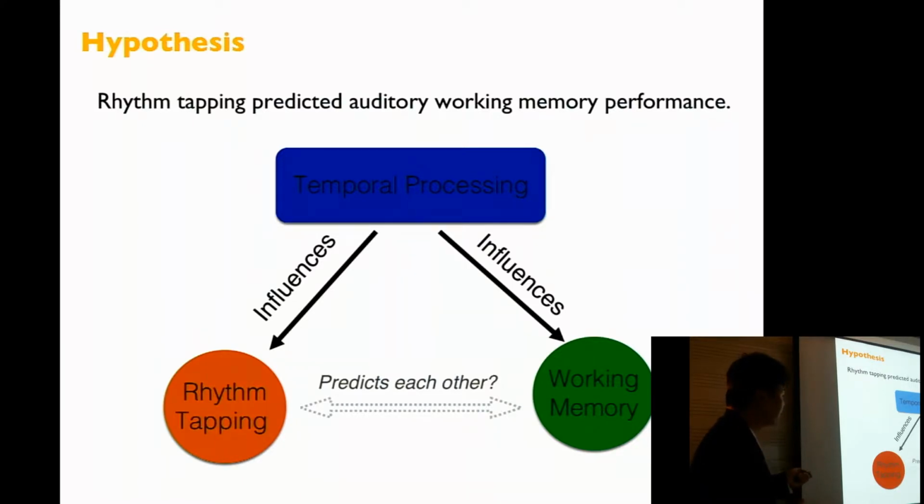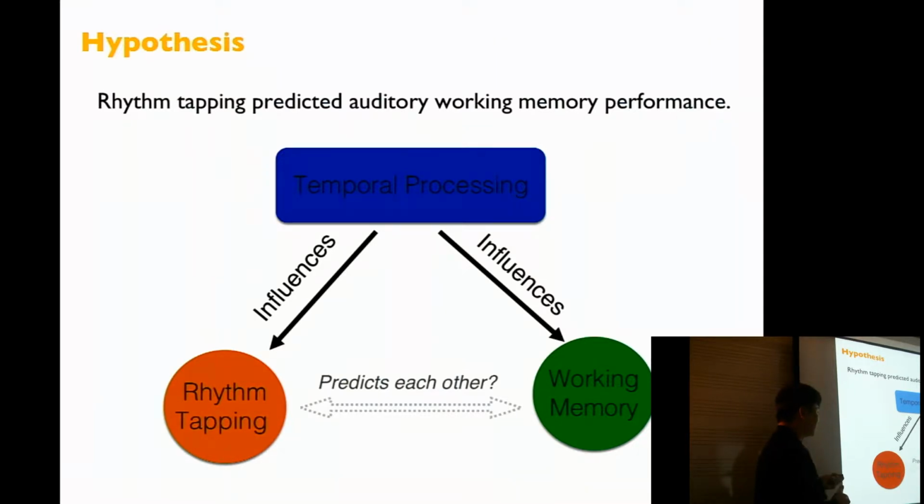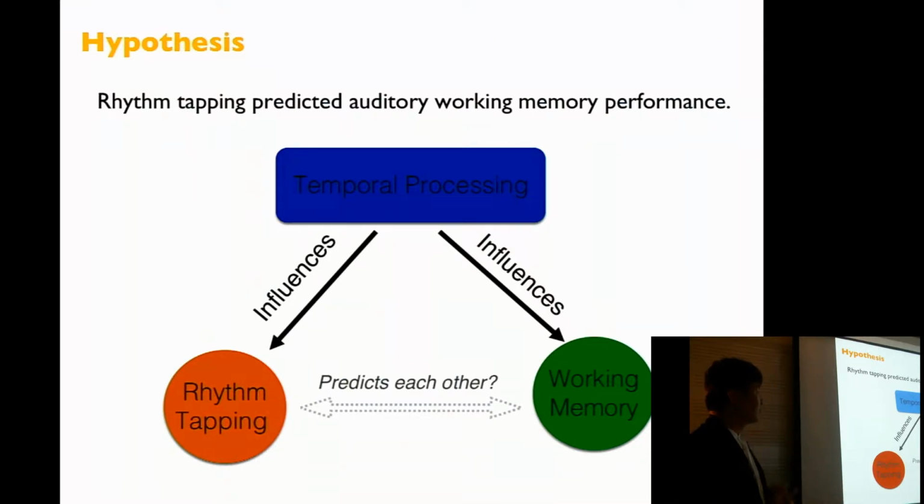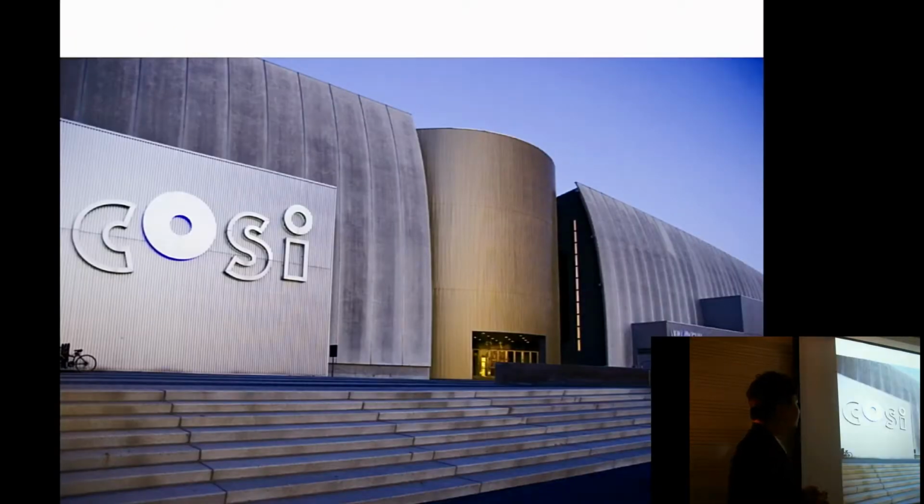That's the model that we are testing. If people have faster or more efficient temporal processing, it will manifest as faster finger tapping in the motor domain or better working memory skill in the cognitive domain.